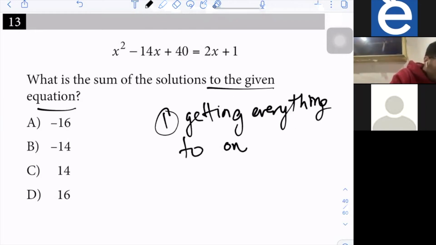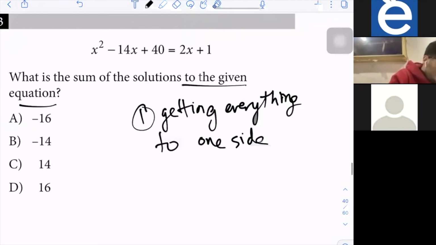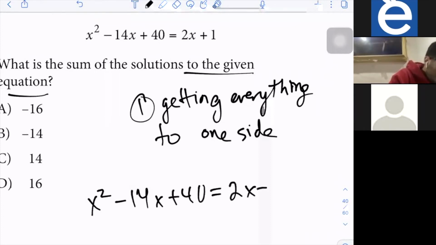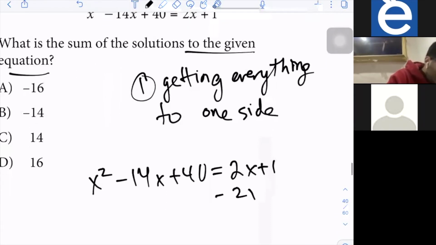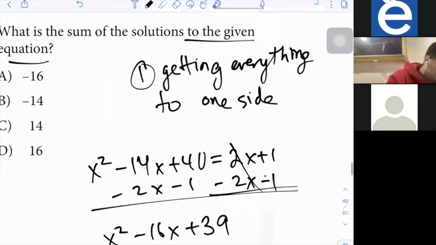So I would do x squared minus 14x plus 40 is equal to 2x plus 1. Then I would subtract the 2x and then subtract the 1 to get x squared minus 16x plus 39, because positive 40 minus 1 is positive 39, is equal to 0.